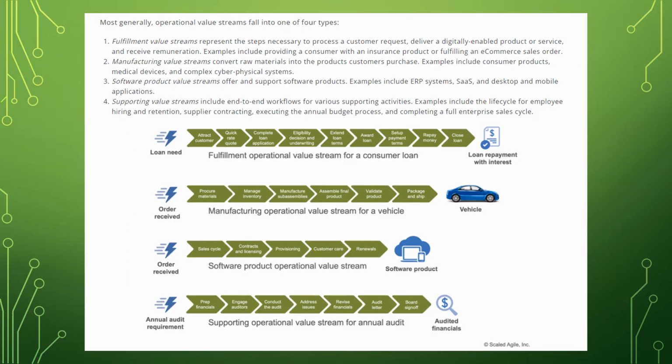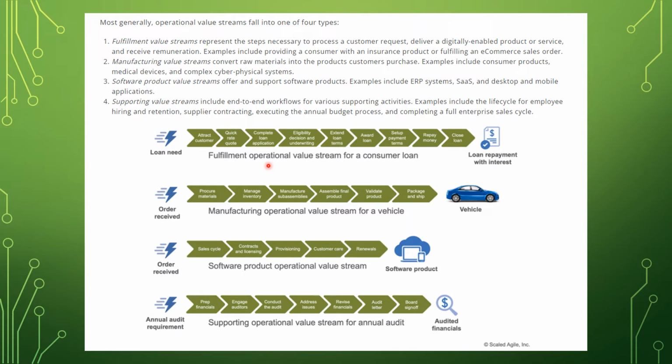Any operational value stream will come under these four categories. The first one is the fulfillment operational value stream, for example for a consumer loan. A fulfillment value stream represents the steps necessary to process a customer request.